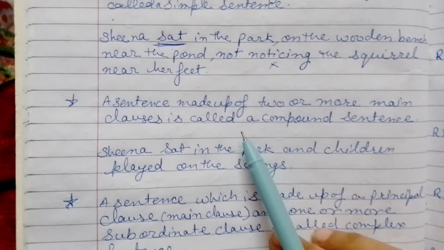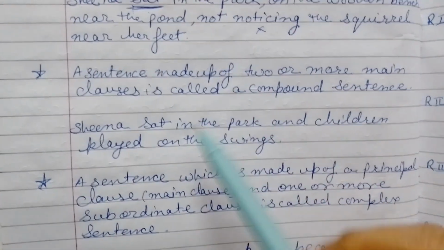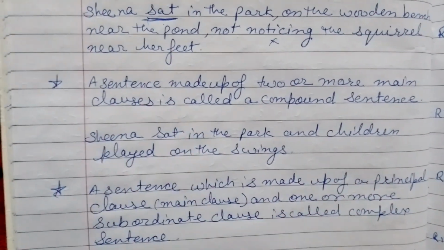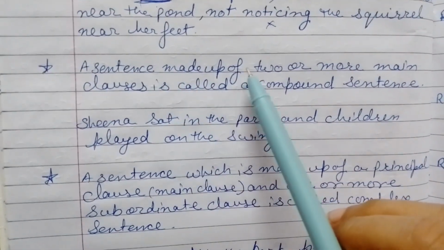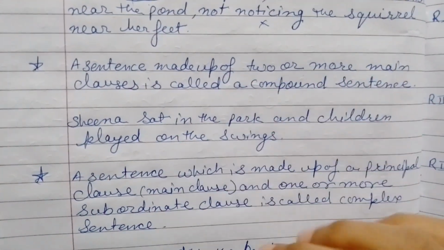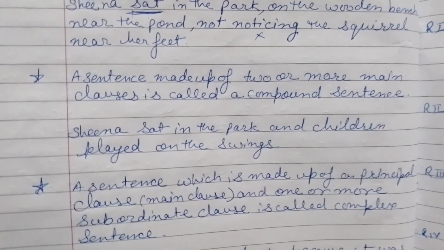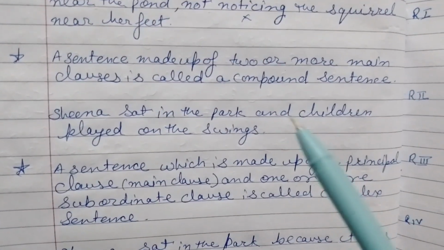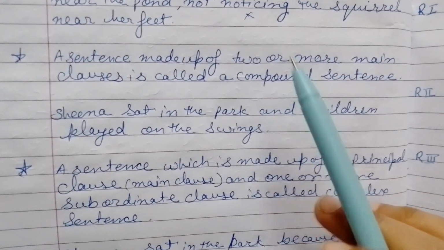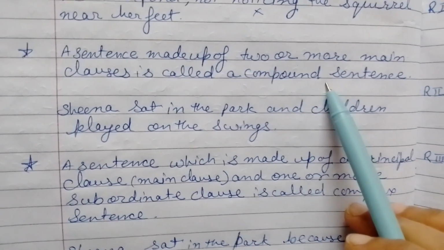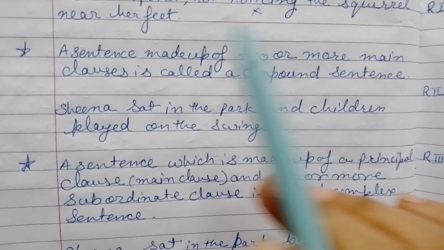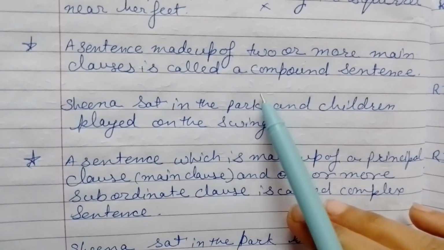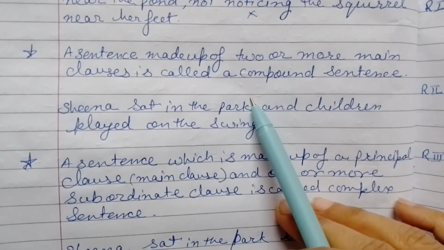Now let us move on to the second type. It is the compound sentence. What is a compound sentence? A compound sentence is made up of two or more main clauses. As I have told you, a clause is a group of meaningful words in which we have a subject and a finite verb.